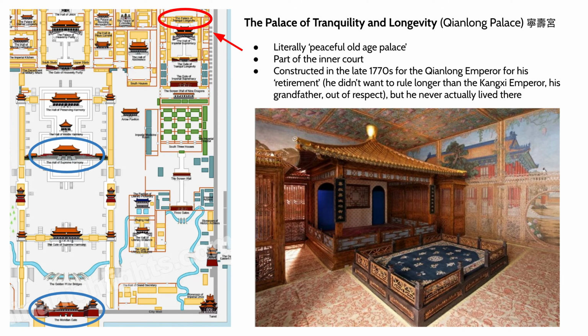And this particular part of the city was constructed in the late 1770s for the emperor for his retirement. So basically this was something that was done as a formality. He didn't want to technically rule longer than his grandfather, so he created a retirement palace so that he could say that his rule had officially ended at a certain point in time.